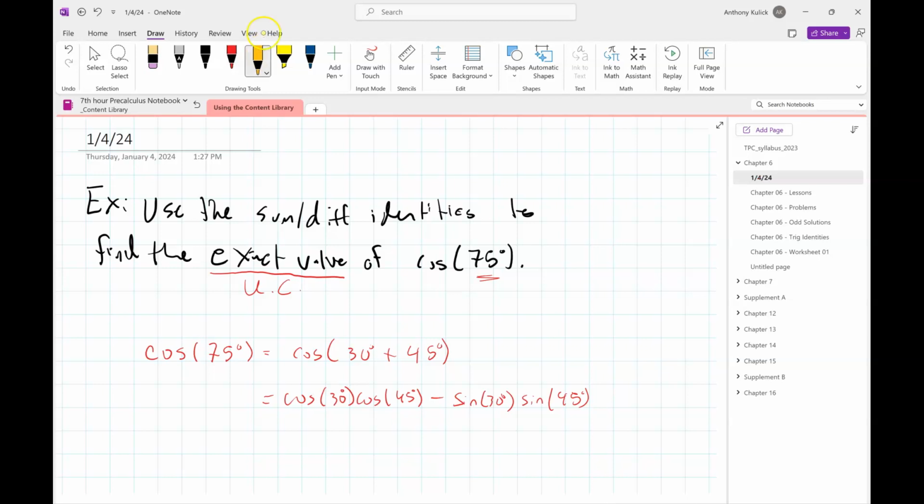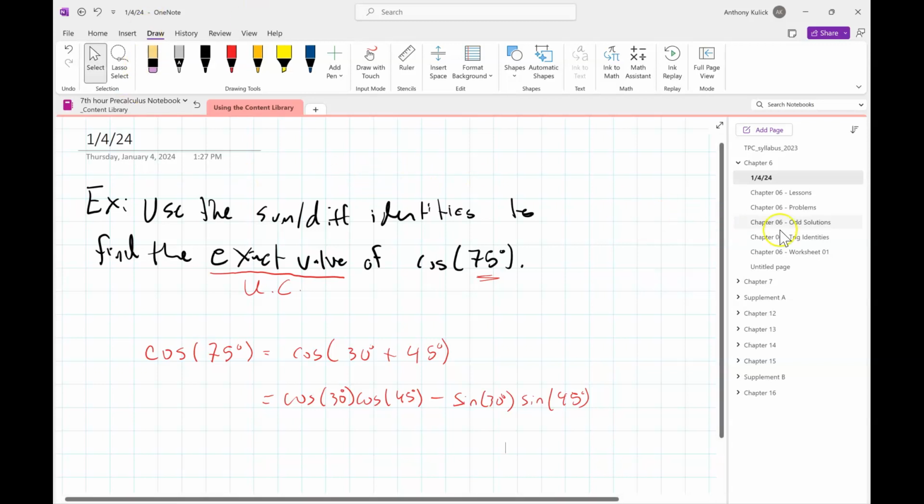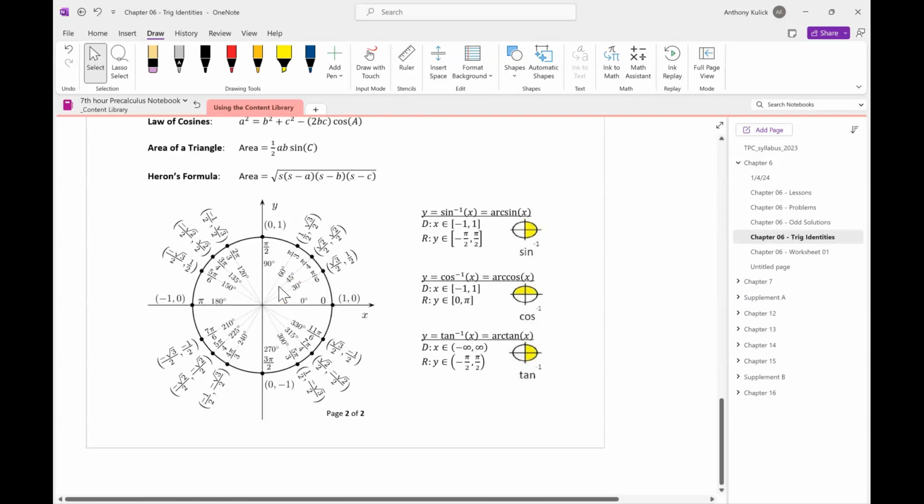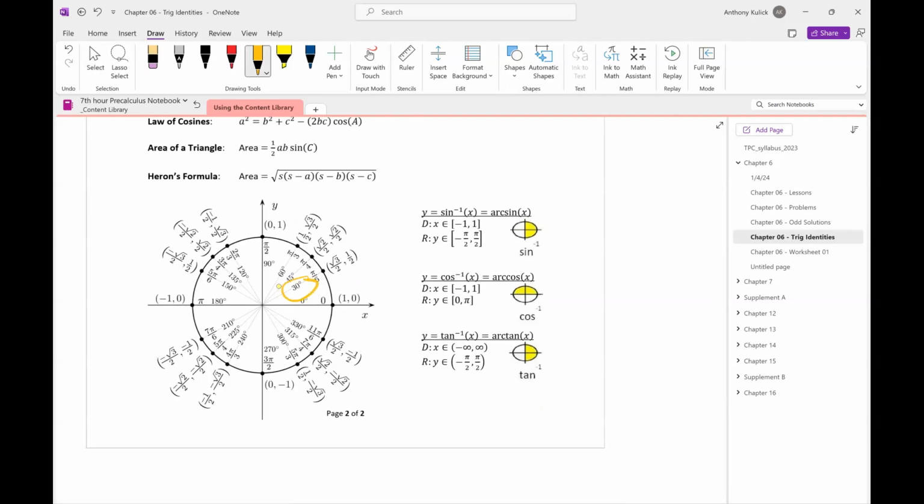Now, what I have is 4 trig expressions that I need to evaluate. Cosine of 30 degrees, cosine of 45 degrees, sine of 30 degrees, and sine of 45 degrees, those are all unit circle problems, right? How do I find the value of cosine of 30 degrees? I go to my unit circle, I locate 30 degrees, and then which coordinate is cosine? x.